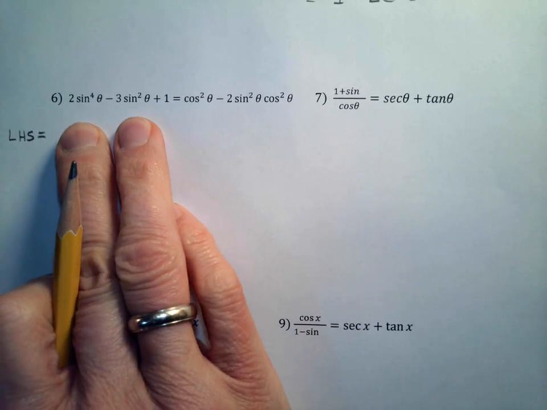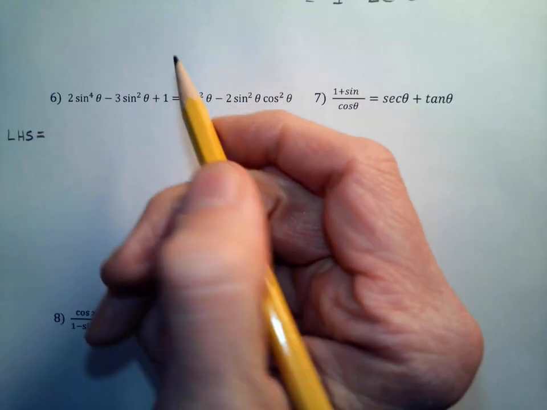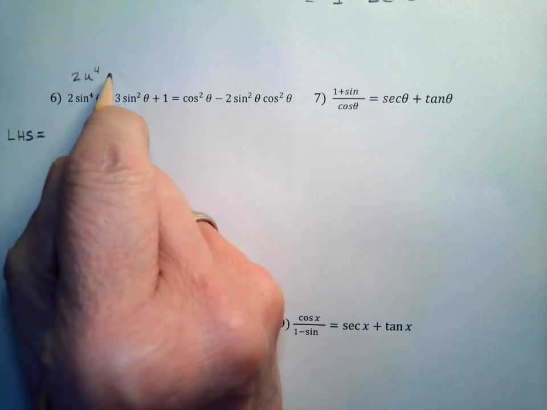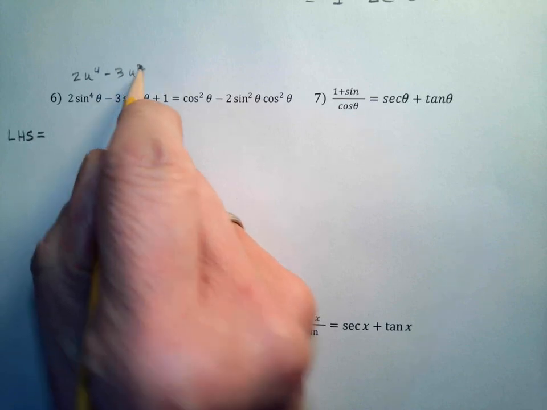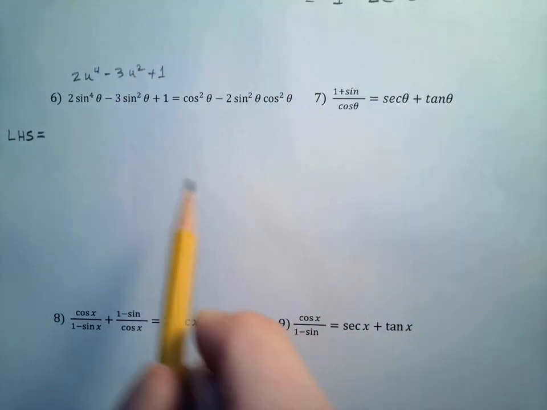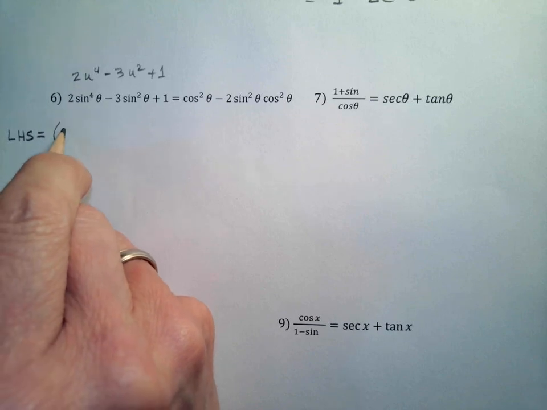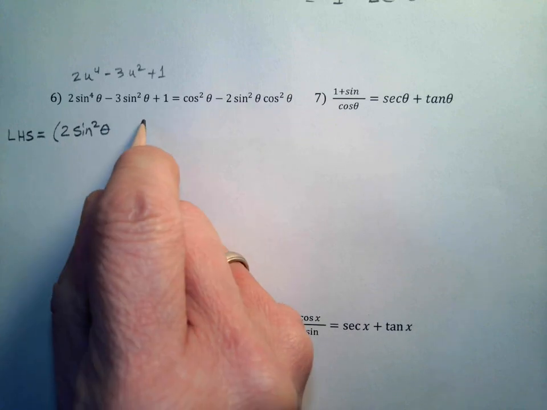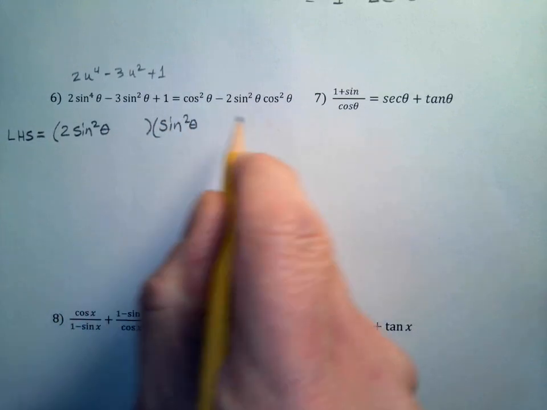And I think maybe I'll try to factor this. So think of it, if you need to, as 2u to the 4th minus 3u squared plus 1. And think about what that would factor as. It's almost a quadratic form. So I'm going to say 2 sine squared theta and a sine squared theta.